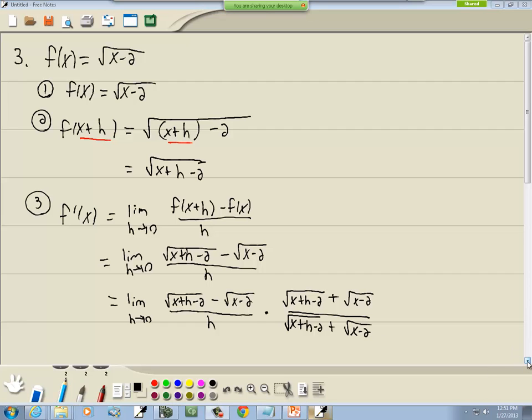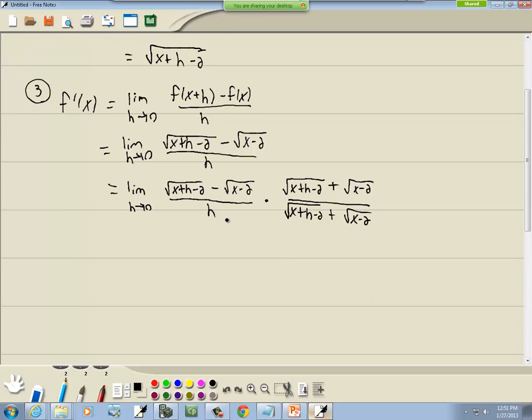Now our goal on this is for the h to disappear down here. So up on top, when you're multiplying conjugates together, it's really nice. All you have to do is multiply your first parts together and your last parts. Now notice how this square root of x plus h minus 2 is the same as this square root. If your square root's the same and you're multiplying them together, the square roots drop and you're just left with what's underneath.